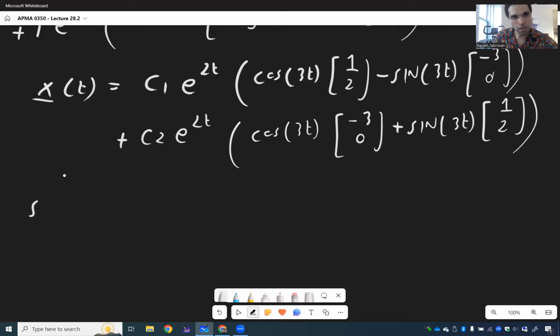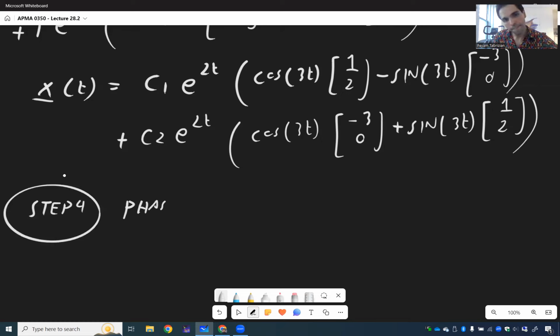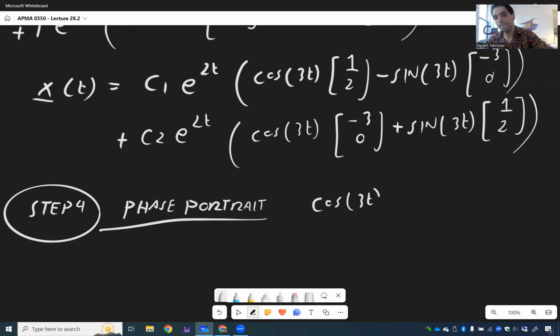So step 4, phase portrait. There's something really interesting happening here, because cosine 3t, sine 3t, that indicates something circular. In fact, in the last video, we saw the solutions were ellipses.